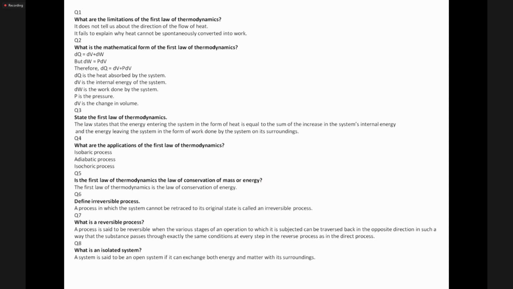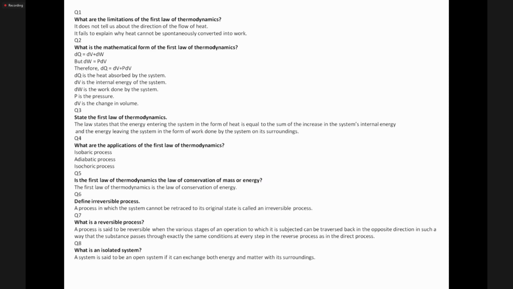Firstly, it does not tell us about the direction of the flow of heat. It tells us about the heat flow, but it does not give us any idea in which direction the heat is flowing. And secondly, it does not explain why heat cannot be spontaneously converted into work. So these are two main limitations of the first law of thermodynamics.